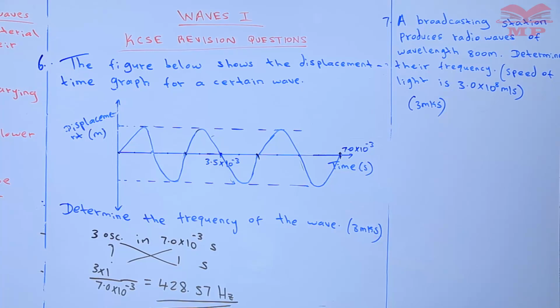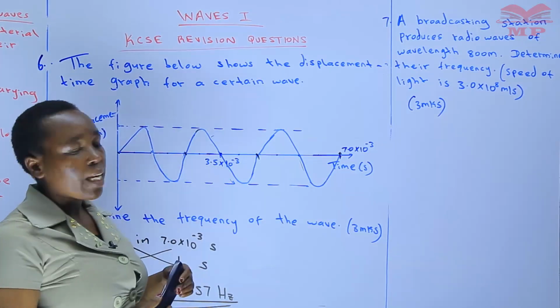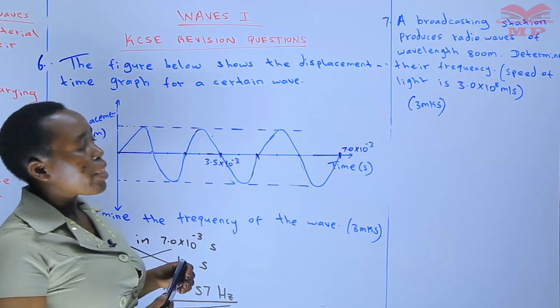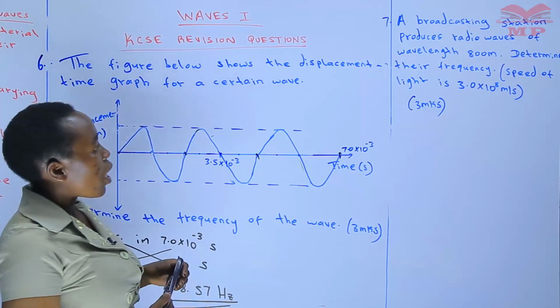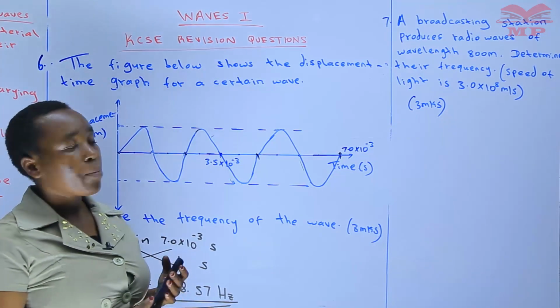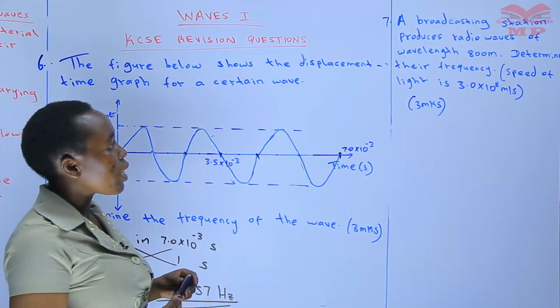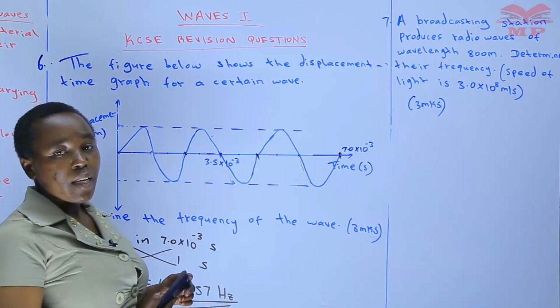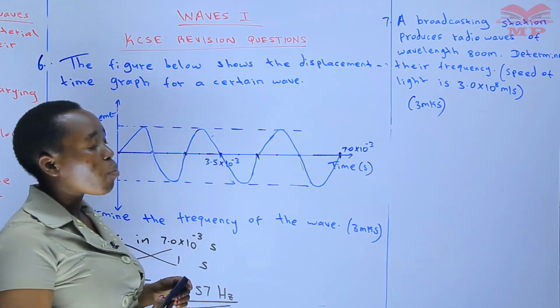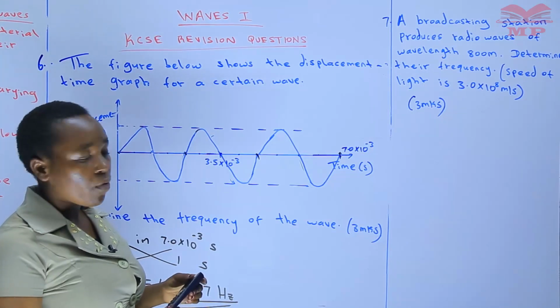We are told that a broadcasting station produces radio waves of wavelength 800 meters. Determine their frequency. And we have been given that the speed of light is 3.0 times 10 power 8 meters per second. It is the same speed that we are going to use for radio waves, because radio waves are electromagnetic waves, and therefore they travel at the speed of light.